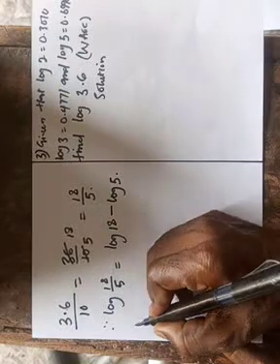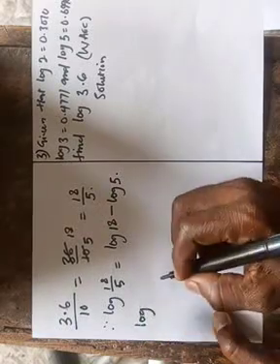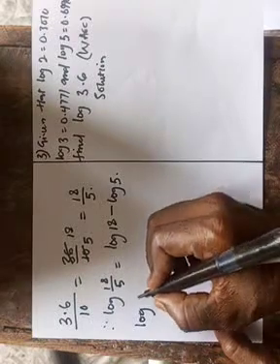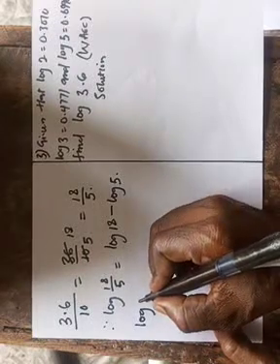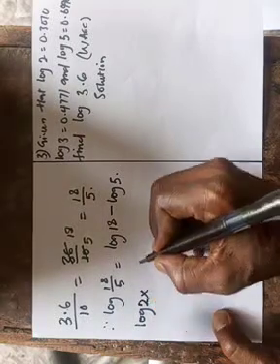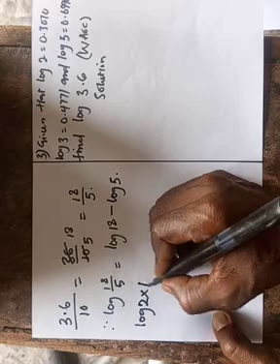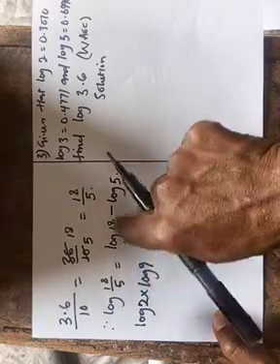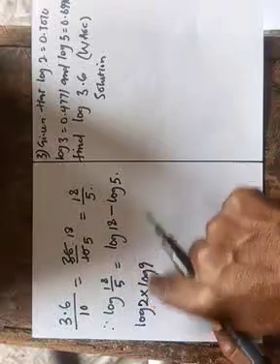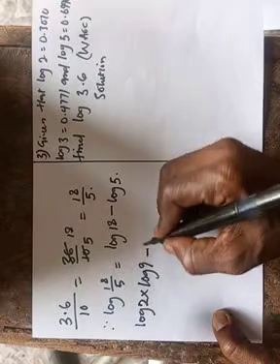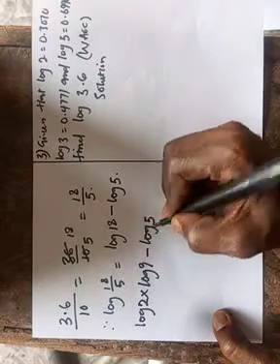So we can simply say log 2 multiplied by log 9, because 2 times 9 is 18. So we can simplify this, then we'll say minus log 5.